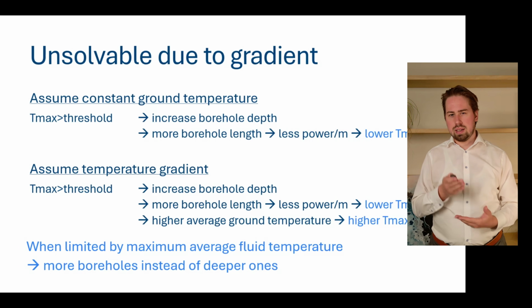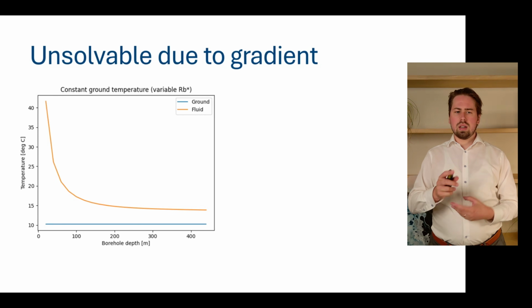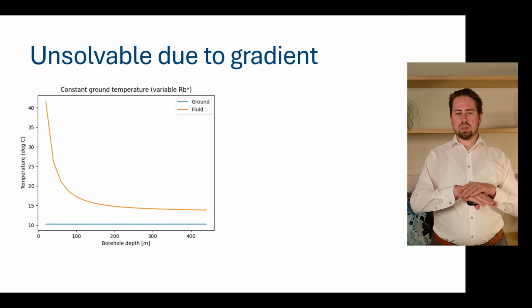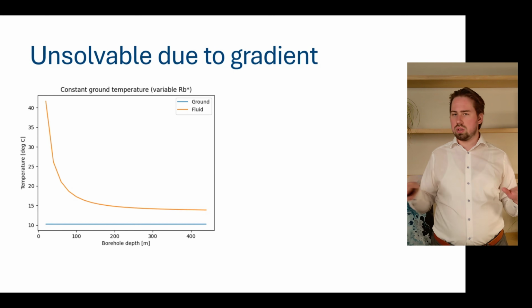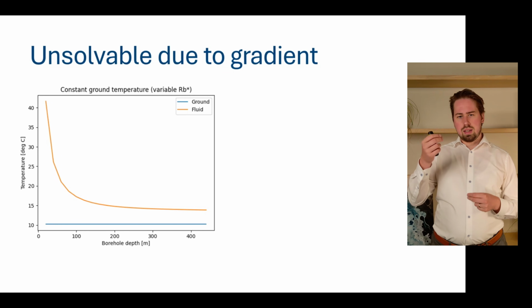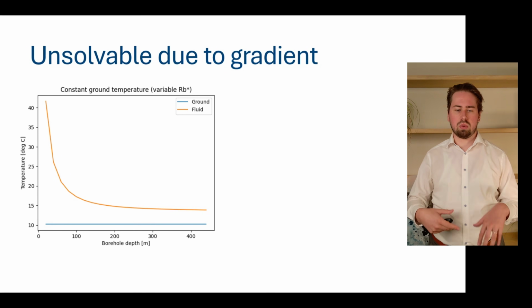And to illustrate that, let's consider the following graphs. Here, the case with a constant ground temperature: you see the ground temperature is constant no matter the borehole depth, at 10.5 degrees if I'm not mistaken. And you see that your fluid temperature drops off when you're increasing the borehole depth.